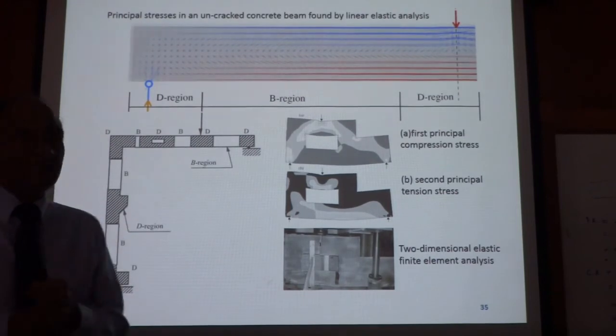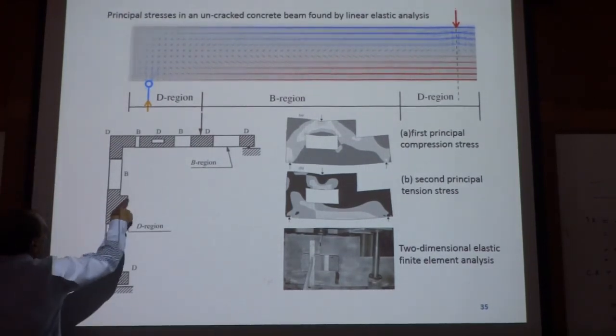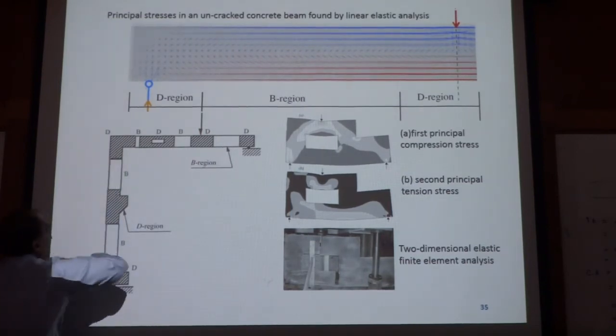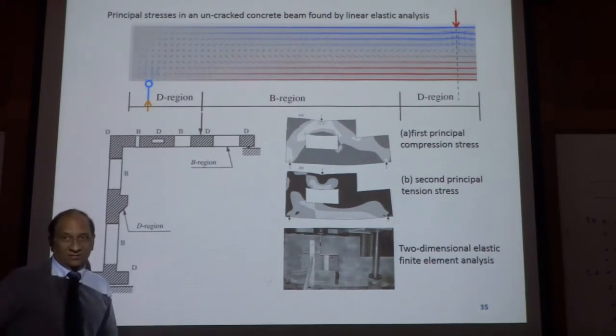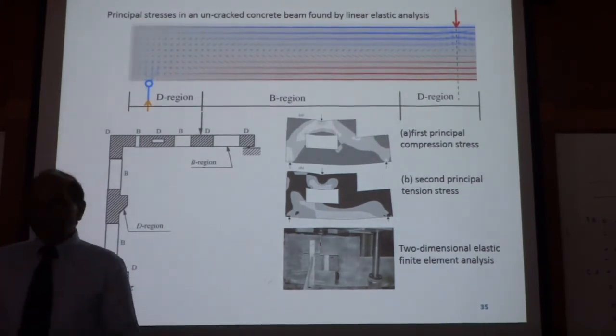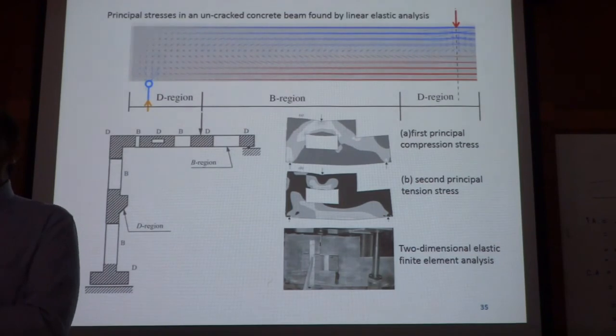So basically we are talking about foundations, footings, brackets and corbels, joints, openings, concentrated loads, supports, right? All of these areas that you can see from this diagram need special attention, or are the areas where you can use the strut and tie model as an alternate design tool. Clear?